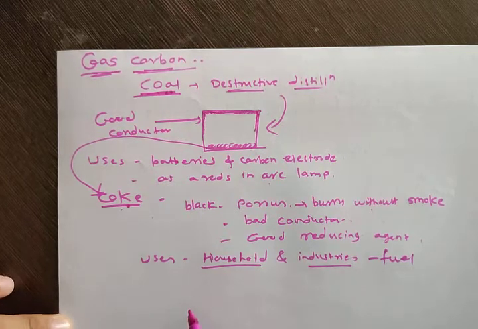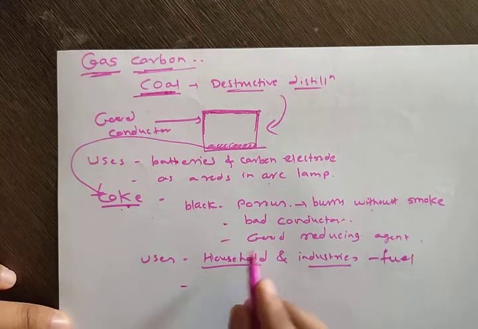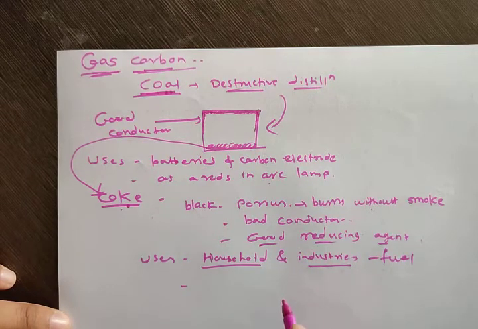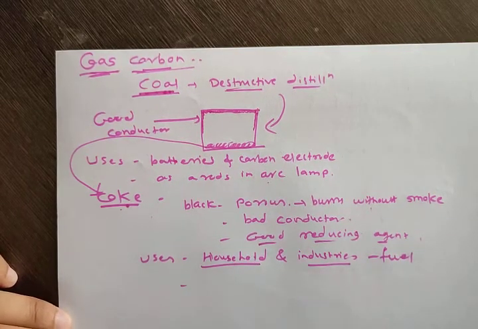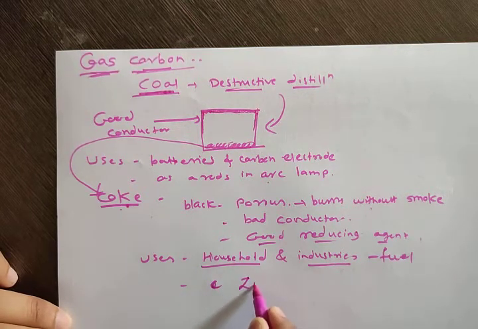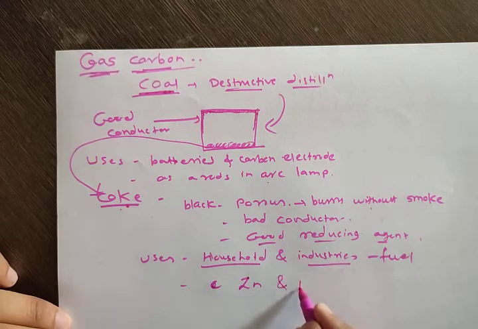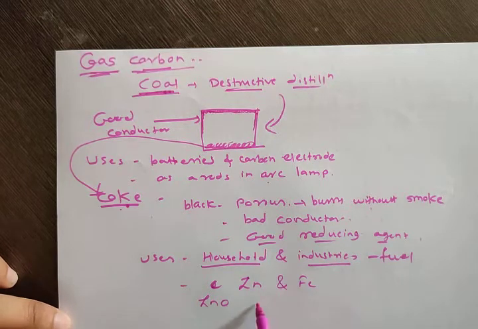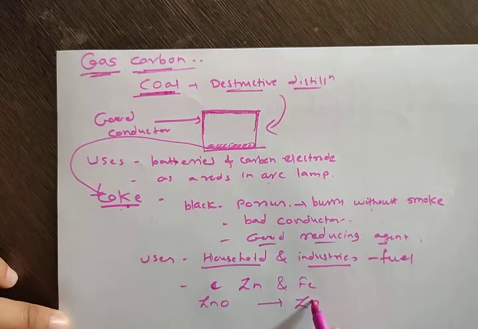Okay, second, as we know coke is a good reducing agent, so therefore it is used to reduce some of the metals like zinc and iron. Okay, so zinc is normally present in the form of zinc oxide in nature. So if you want to prepare zinc only, then we will react this zinc oxide with this coke.